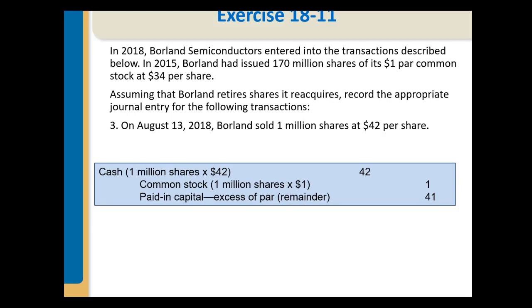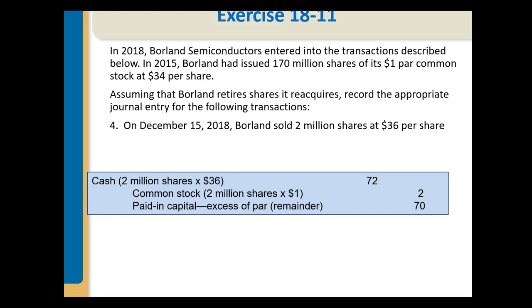On August 13th, Borland sold 1 million shares at $42 per share. So we're going to just treat it as though this was the initial issuance, where we debit our cash for the full amount, credit our common stock for the par value, and then we credit the paid in capital in excess of par for the remainder.